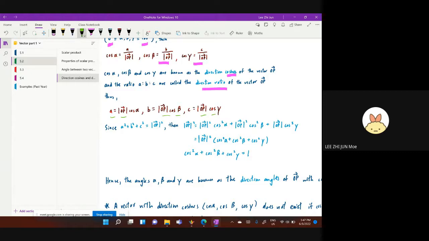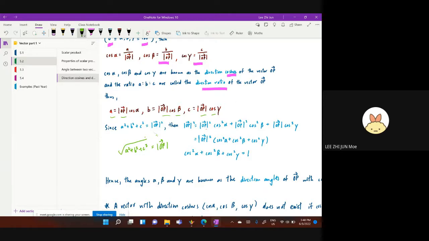Since a square plus b square plus c square equals this magnitude square, derived from the formula from just now, then OP square will be OP square cos square alpha, plus OP square cos square beta, plus OP square cos square gamma.